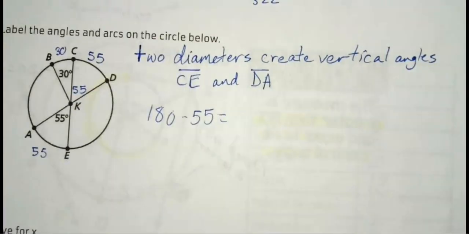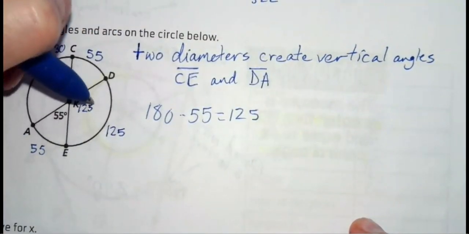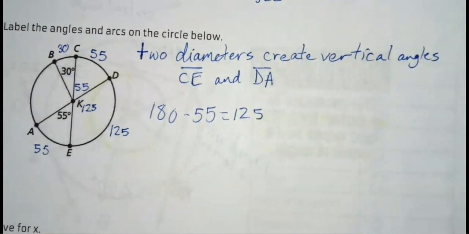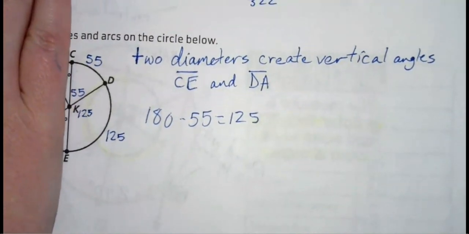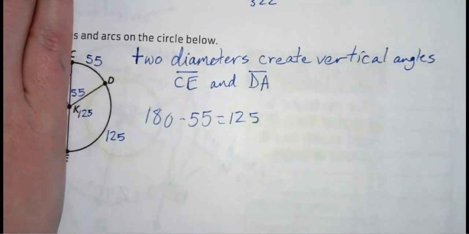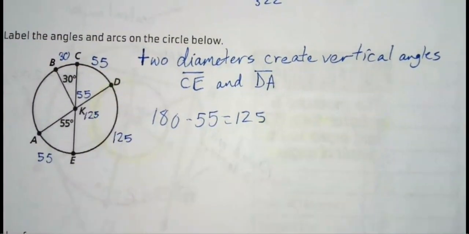Okay, cool. 125 is what you're going to have here. And then how did I know to do that? I knew to do that because I saw a diameter. That's how you know to do that. All right, you see the diameter, you cover it up with your hand, and you're like, okay, I need to then take away 55 from 180 because half of the circle is 180. Whatever's left over is going to be this arc right here.